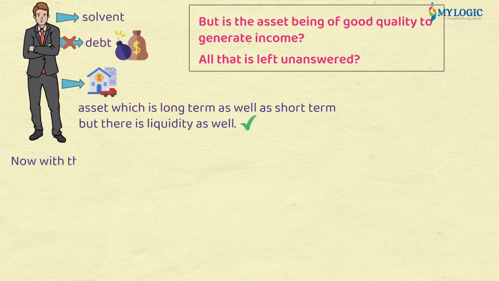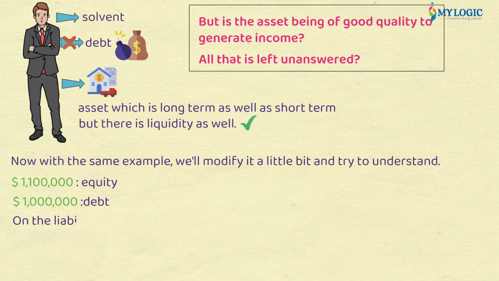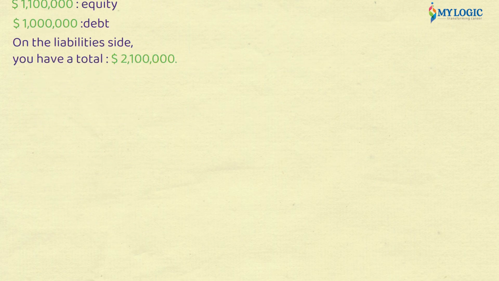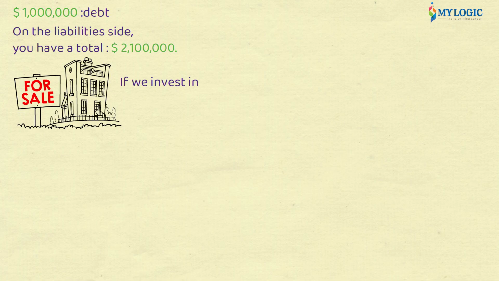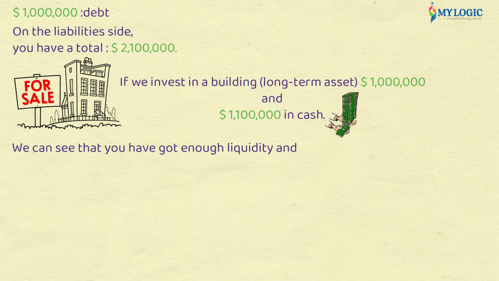Now with the same example, we'll modify it a little bit and try to understand. There is $1.1 million as equity and $1 million as debt. On the liabilities side, you have a total of $2.1 million. If we invest $1 million in a building, a long-term asset, and $1.1 million in cash, we can see that you have got enough liquidity and solvency.